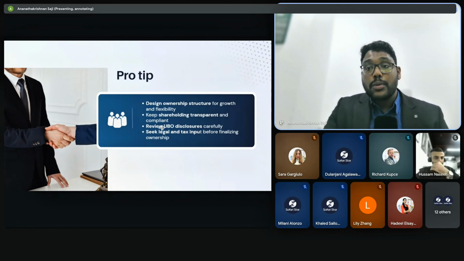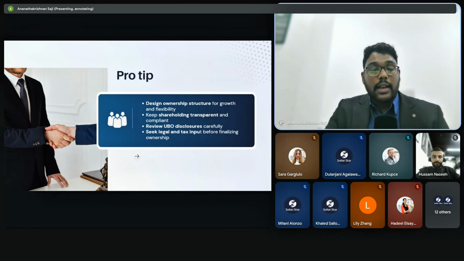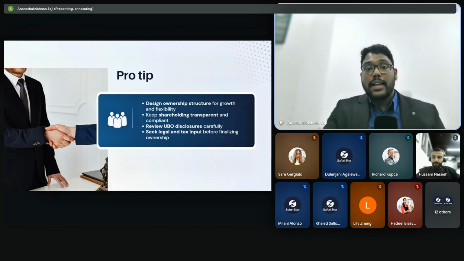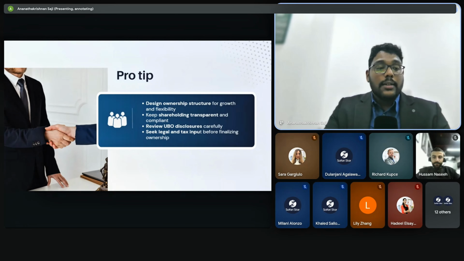And the third one is to review UBO disclosures carefully. Let's say you added a company as a shareholder, either a local company in Dubai or a company from outside the UAE. The complication of having corporate shareholders from outside the UAE is that not all licensing authorities will have a clear share structure.